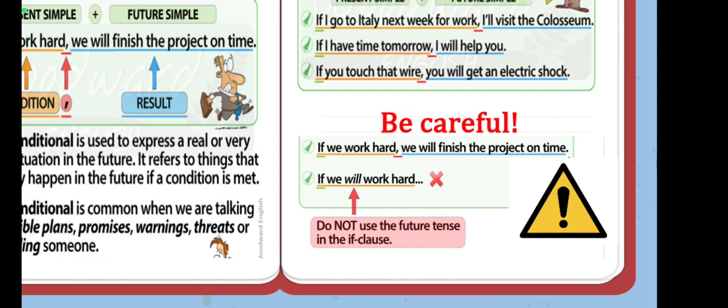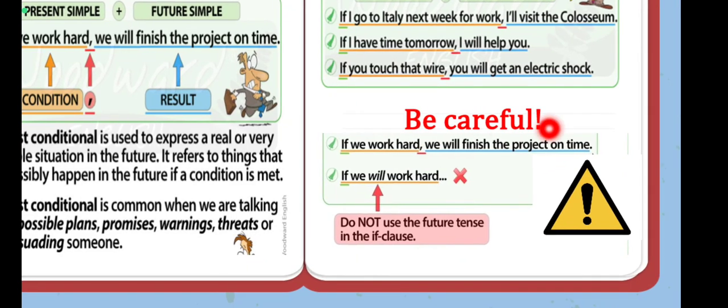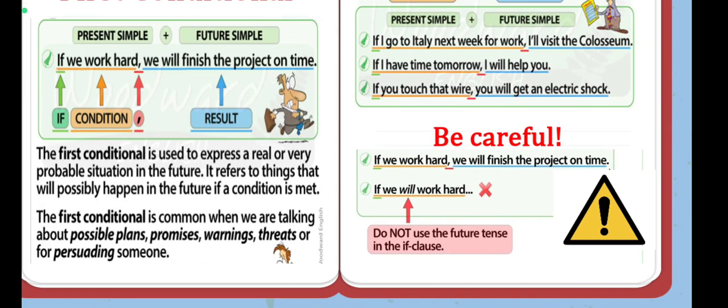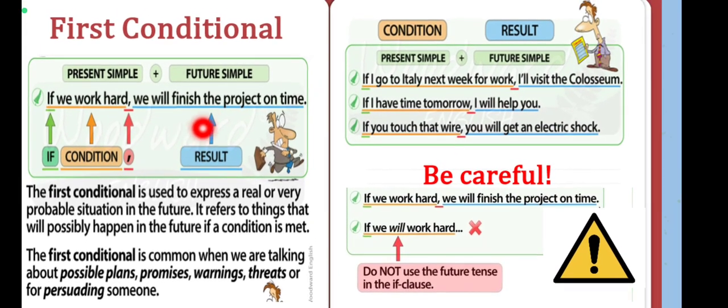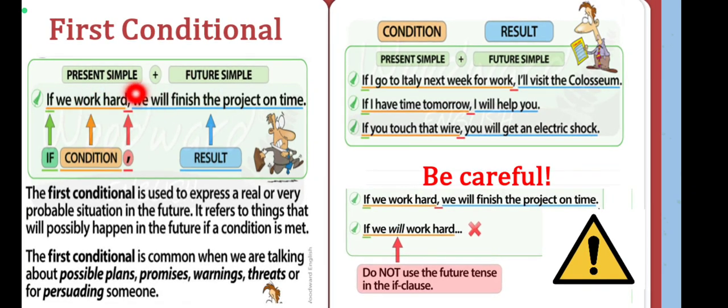Okay, now, here we have be careful. When we use first conditional, we need to be careful with the verb tenses. Remember, the condition for first conditional is in present simple, and the result clause is in future simple. You cannot change these structures. So we cannot use future simple in the conditional clause, and we cannot use present simple in the result clause because it will not be first conditional.